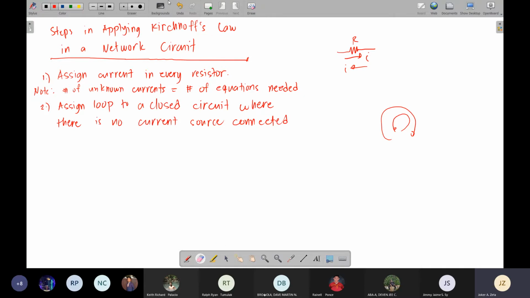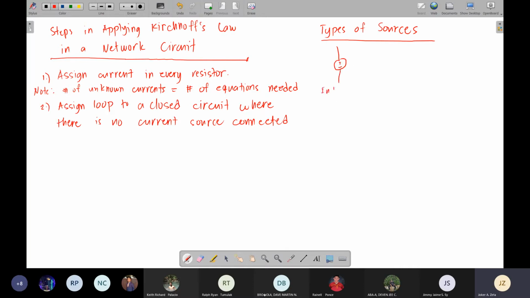let's discuss this one, the current sources. Okay? Now, there are different types of sources. You have first, okay, represented by a circle with plus minus.